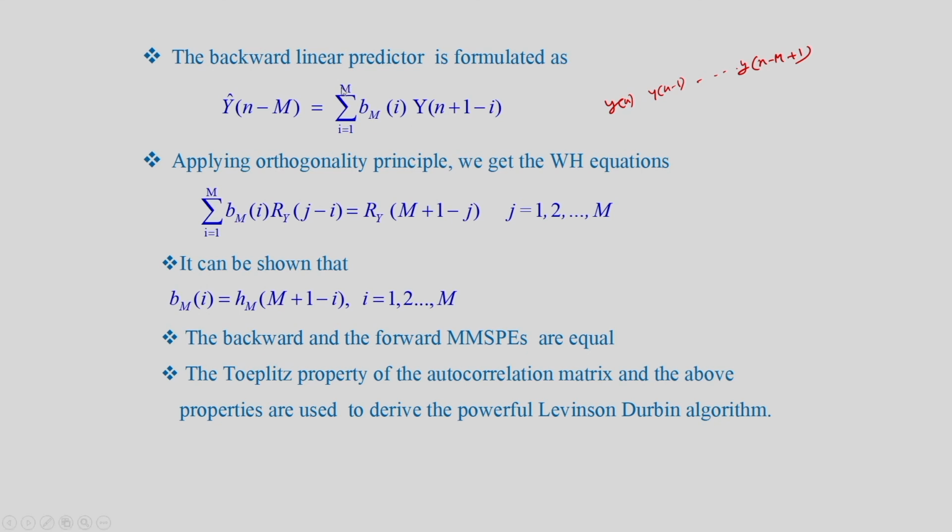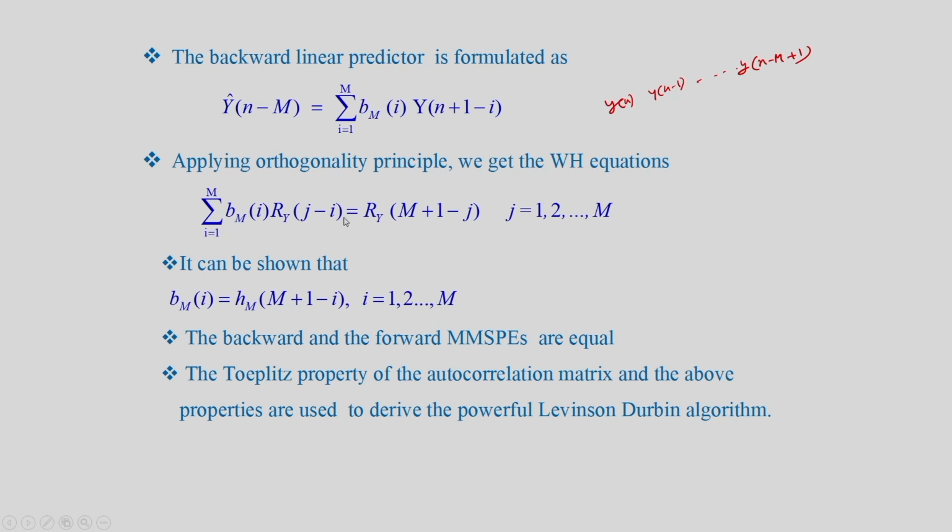This is the backward prediction problem. And here also we apply the orthogonality: error is orthogonal to data. There are m data, and corresponding to that we will have the Wiener-Hopf equations.